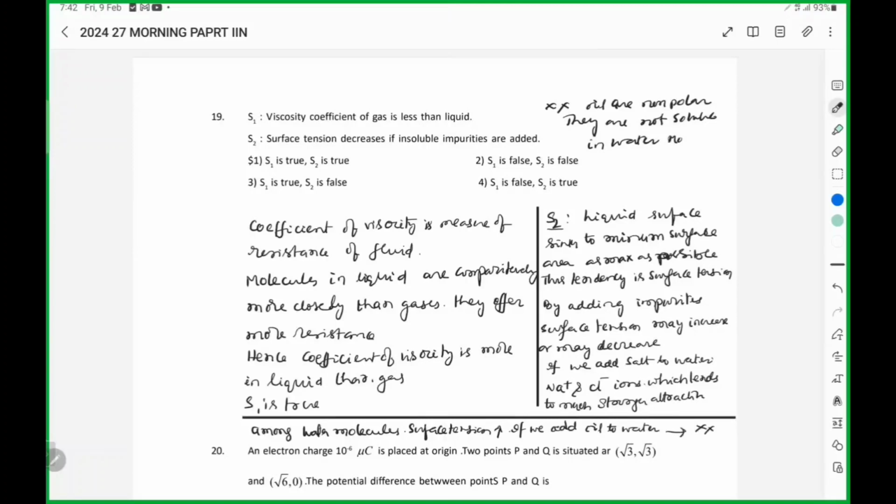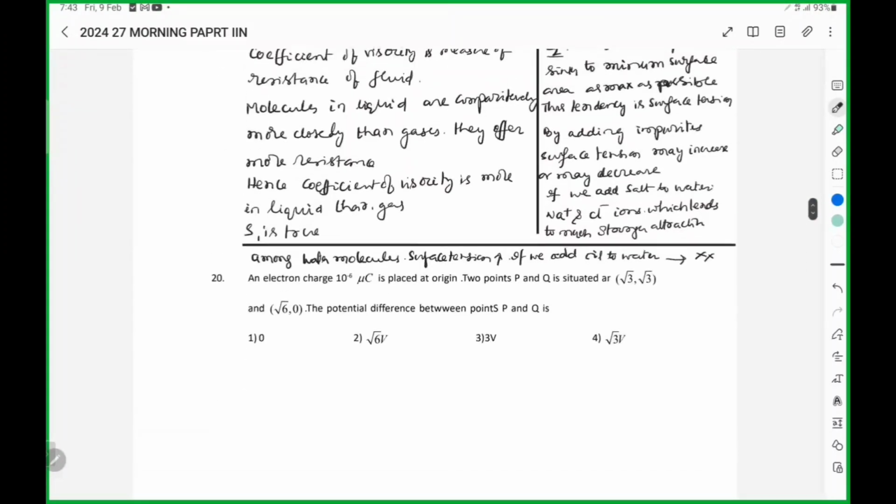So the force of attraction between the molecules is very less. So surface tension obviously decreases. So when insoluble impurities are added, surface tension decreases. So the first statement is correct.